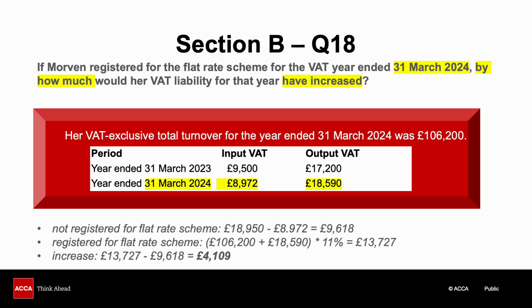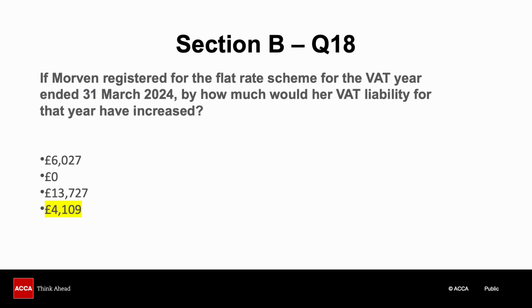You need to go back to the real core of what is the flat rate scheme, what figure we apply the percentage to, and of course some of the multiple choice options were designed for certain mistakes that people would have fallen into. So the correct answer is 4109. If you'd gone for the 6027 figure, then you were probably using the figures from the 31st of March 2023 instead of 24.